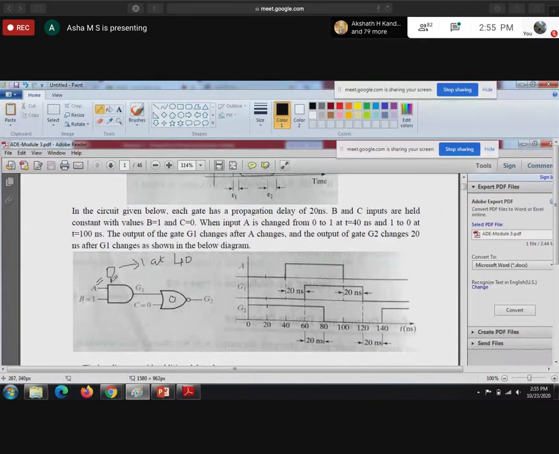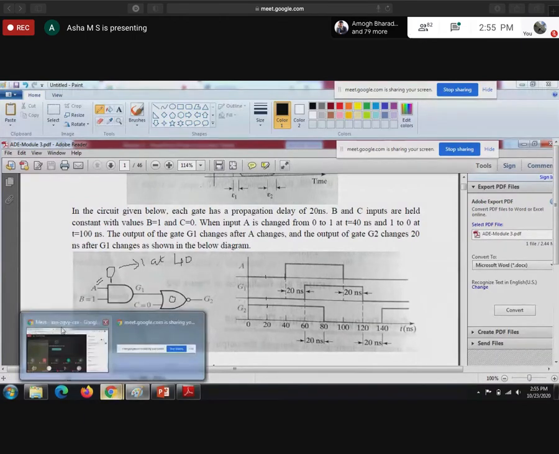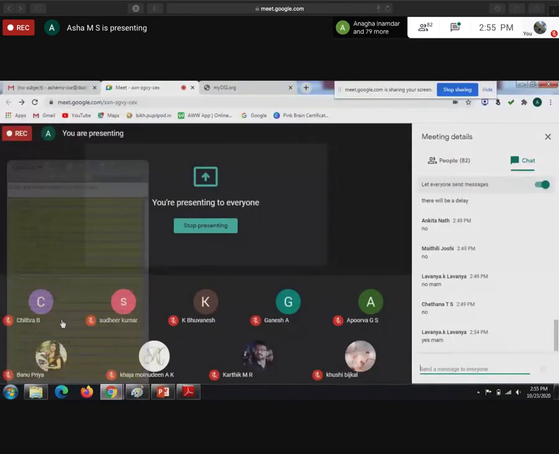So when A equals 1, B equals 1, G1 should be 1. Correct, right? G1 will be changed from 0 to 1 at what time? Immediately at 40 nanoseconds, or will it take some delay to change?